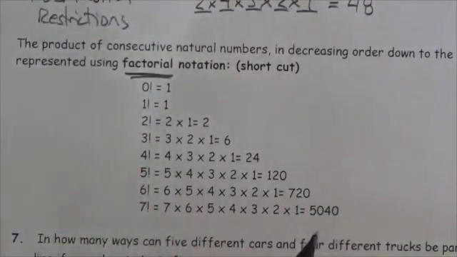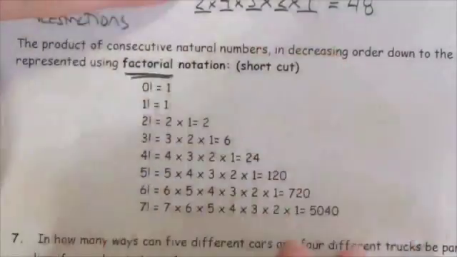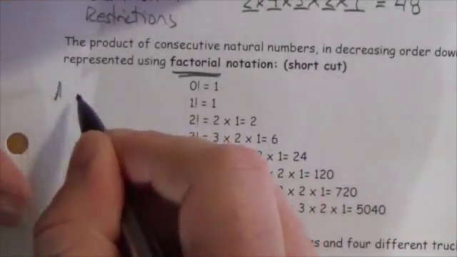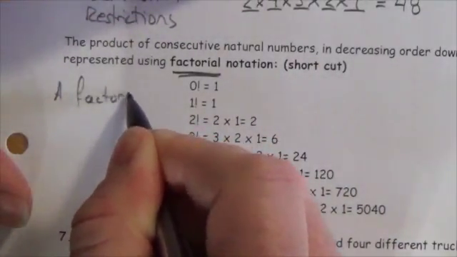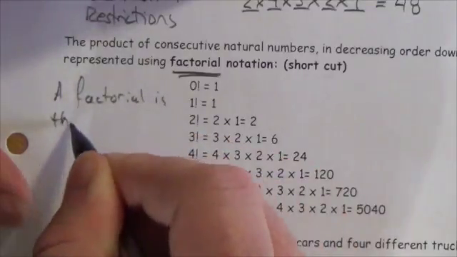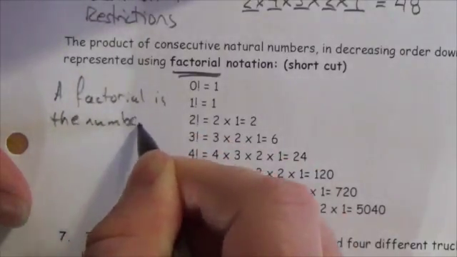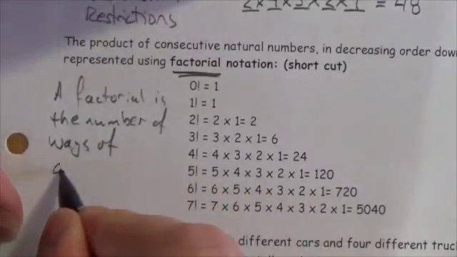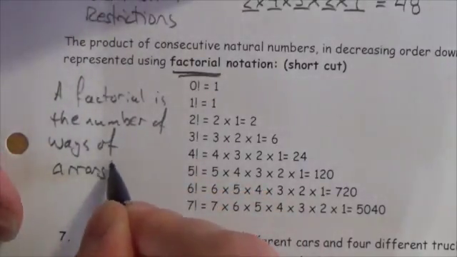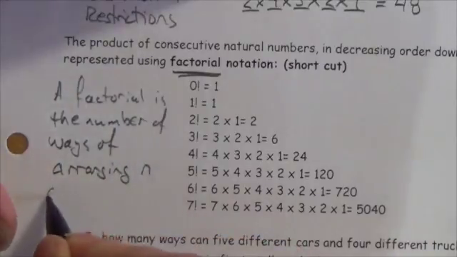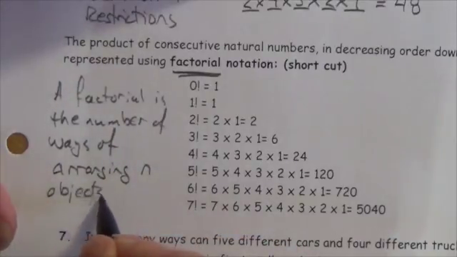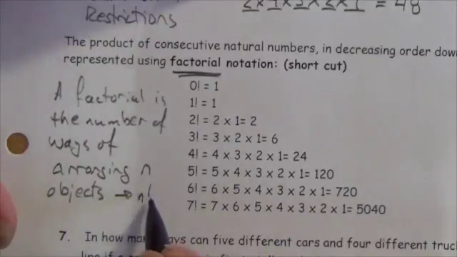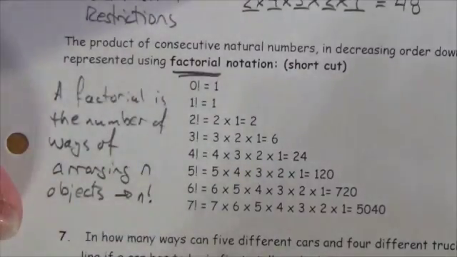One of the ways that you need to interpret a factorial is the number of ways of arranging, let's say, n objects. So if you've got n objects, the number of ways that you would arrange that would be n factorial, whatever number n refers to here.